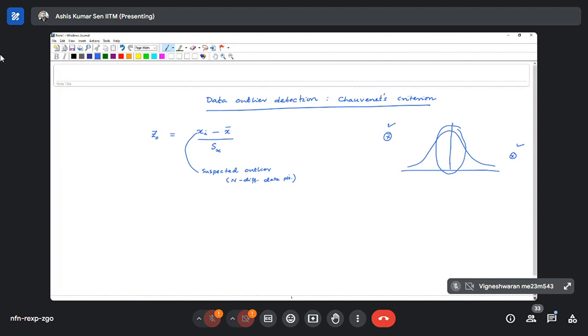So according to Sauvener's criterion, a data point is a potential outlier if it satisfies this condition, which is 1 minus 2 times the probability of Z0 is less than 1 over 2n.